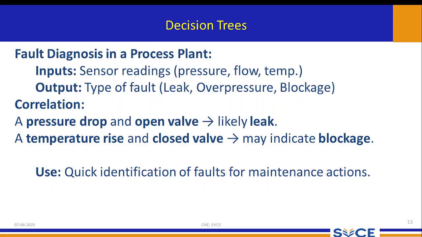The correlations are: a pressure drop and open valve likely indicate a leak, and a temperature rise and closed valve may indicate a blockage. When a pressure drop and open valve happen, it will lead to a likely leak. If temperature rise and closed valve happen, it may indicate a blockage. So this allows quick identification of faults for maintenance action. We have also seen in the previous classes regarding predictive maintenance.